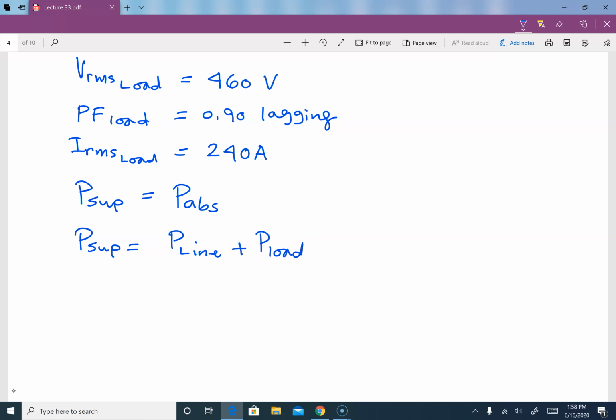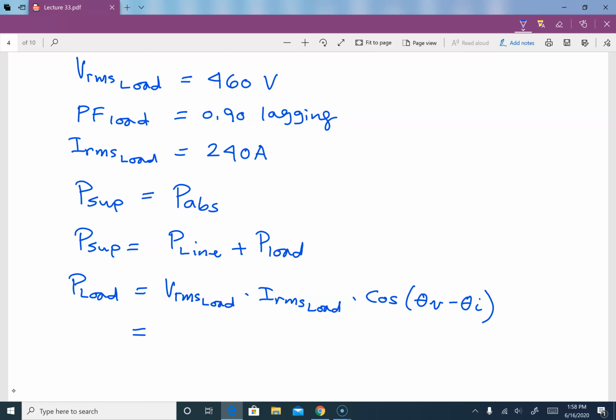So first we will get our P load. Our P load is equal to VRMS of the load times IRMS of the load multiplied by cosine of theta V minus theta I.